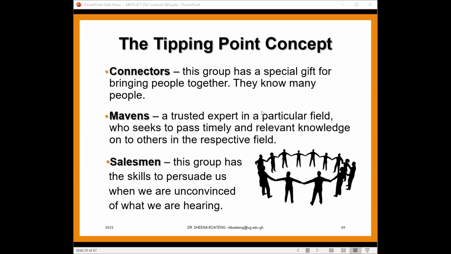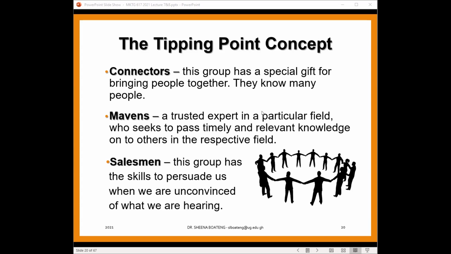Now, connectors are basically the life of the party, right? They have a special gift of connecting with people and bringing people together. And because of that, everywhere they go, they make friends. So online, you realize that they have so many people that they know in their network, such that once you get access to them, you have access to all these other people within their network.